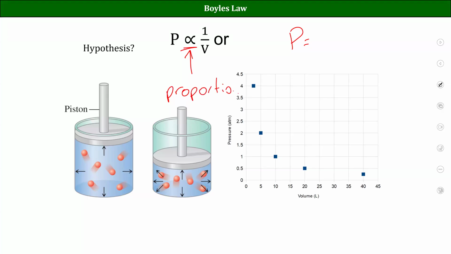Which just means that it's equal to some constant. We use lowercase k a lot, times 1 over volume. In other words, when volume gets bigger, pressure gets smaller. When pressure gets bigger, volume gets smaller.